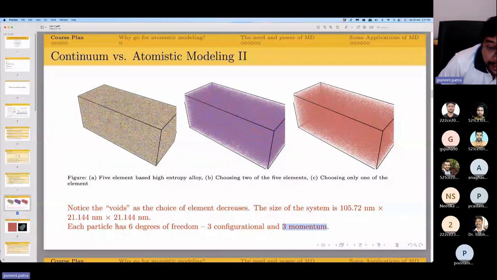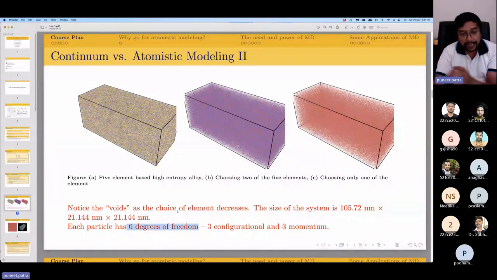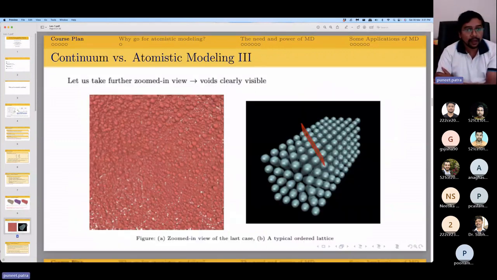So in essence, there are a total of 6 degrees of freedom per atom, and therefore you will end up with 6n degrees of freedom overall if you have n atoms within the system.